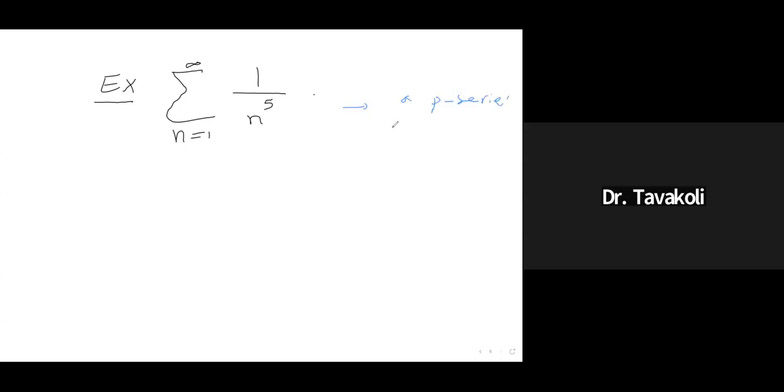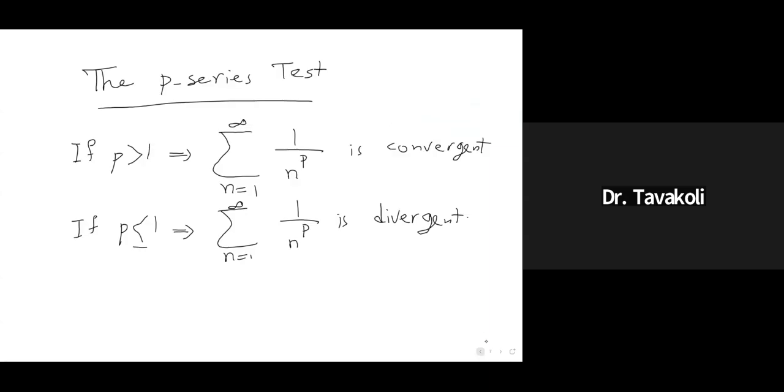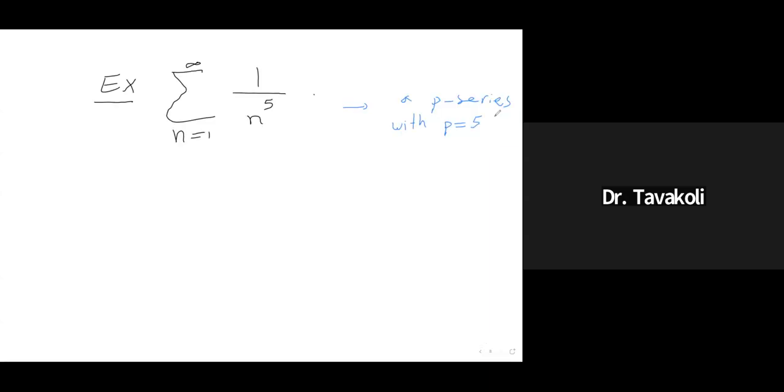What is p in this example? p equals that exponent of n, which is 5. The test says that if p is more than 1, then the p-series is convergent. 5 is more than 1.